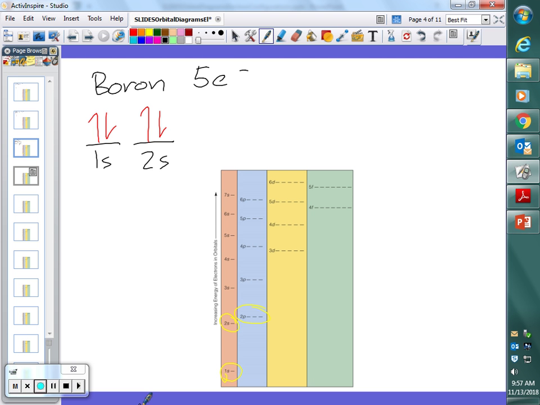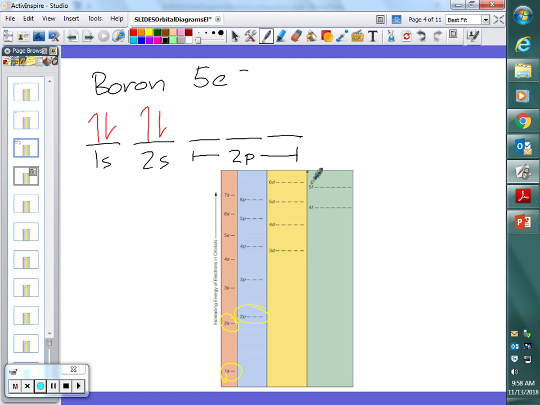So, what does that mean? That means when we come across a sublevel that has multiple orbitals, like p, or later on when we get to d, we have to draw all of them, because they are all exactly the same energy. And then we can label them all as 2p.